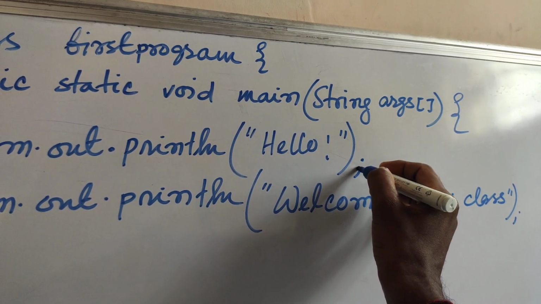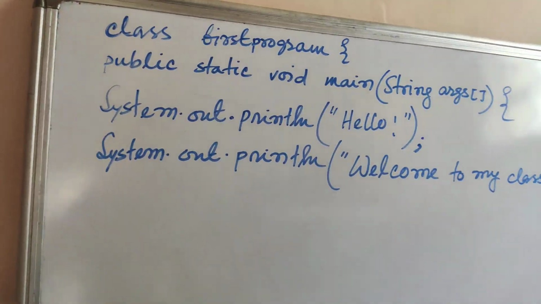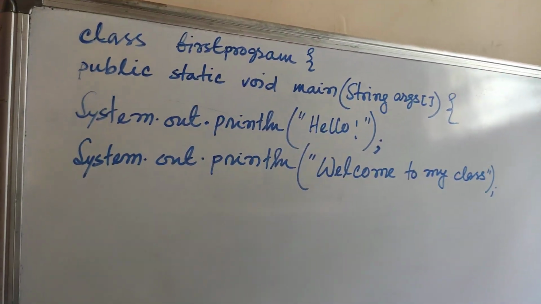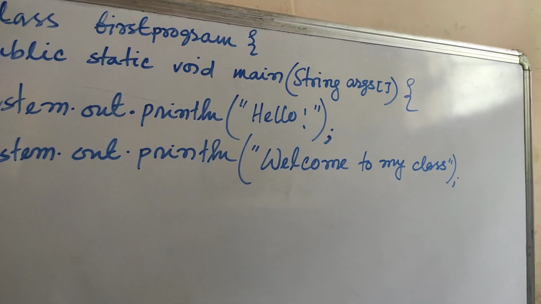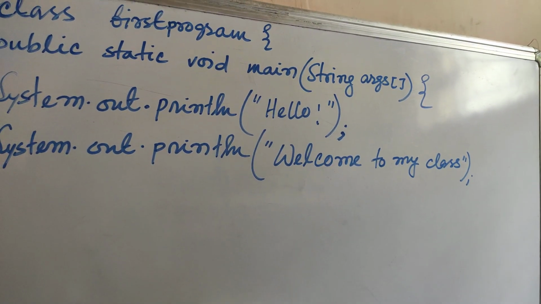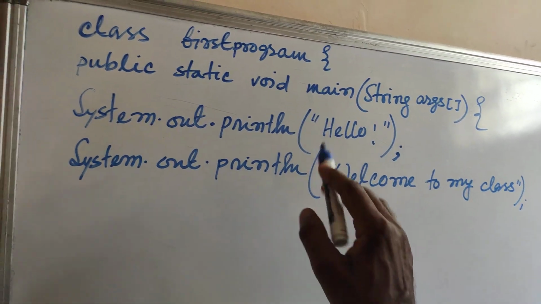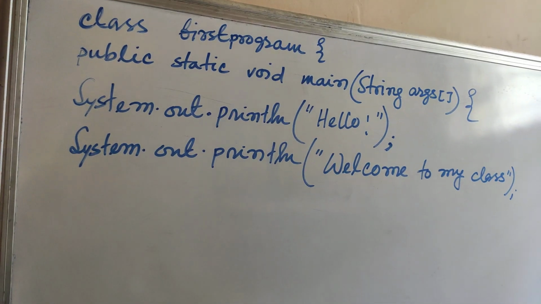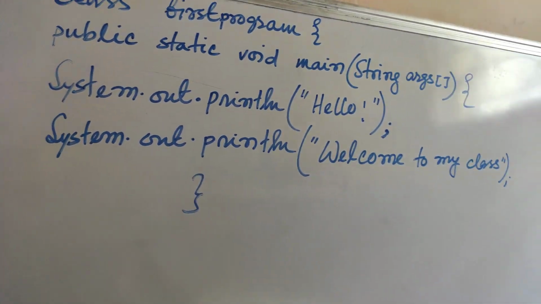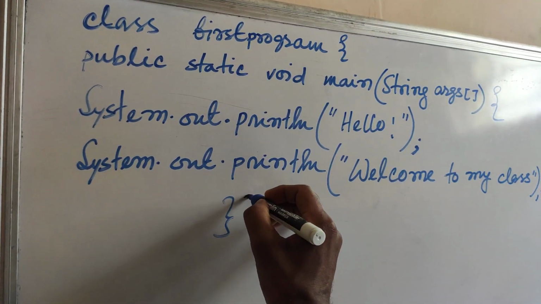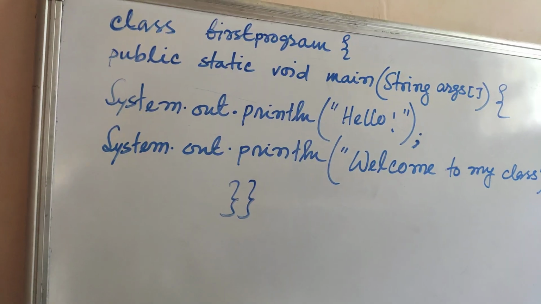So this is identified as a statement in Java language. In English, when you write any sentence, you give the full stop. Here, after finishing the statement, you have to give the semicolon. Suppose this is your first program. Then you have to close the function, then the class. Opening braces, this is the closing braces.